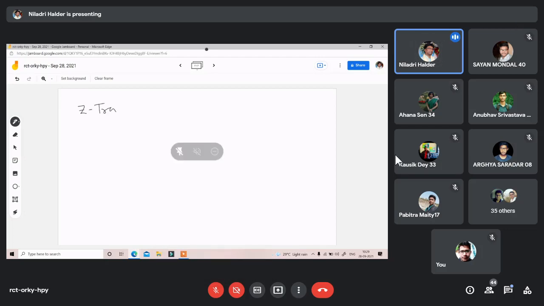Before the Z transform, if you have any question, you can ask me now, because whatever portion we have recapped is going to be used in the Z transform, in DFT, in fast Fourier transform, and in the filtering part. All of it is going to be used. If you have any query, you can ask me now.